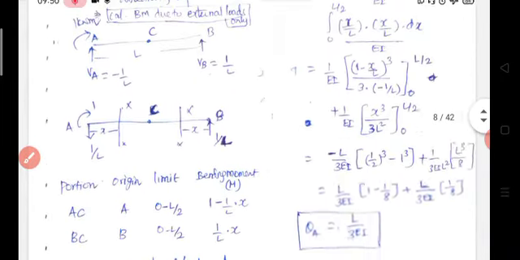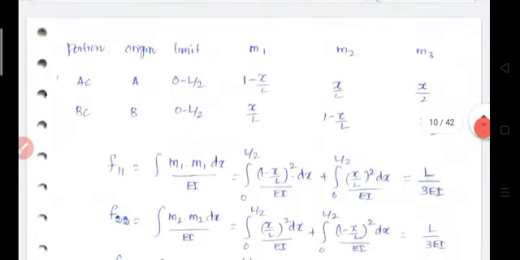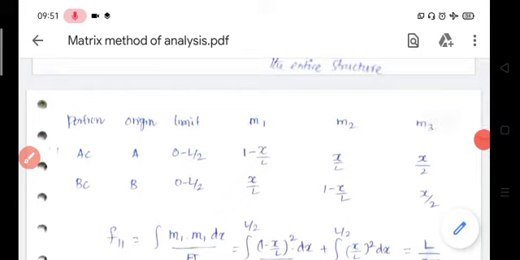These things we already determined. So I have simply written: for the AC portion, origin is A, limit is 0 to L by 2, M1 is equal to 1 minus x by L. Then for the BC portion, origin is B, limit is 0 to L by 2, M1 is x by L.